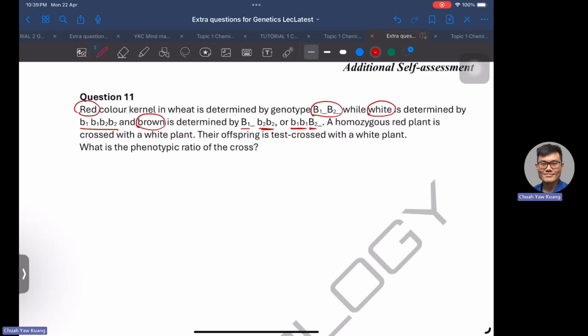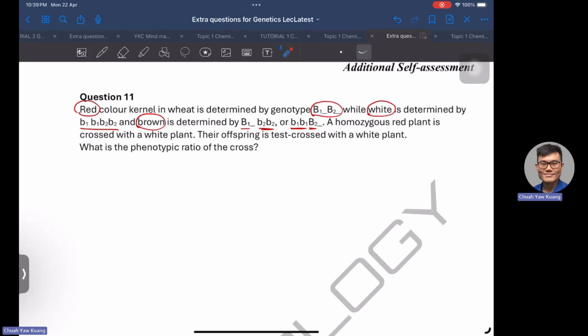Based on the relationship, the genotype and the phenotype shown here, it is very obvious that the B1 gene is affecting the B2 gene. At the same time, the B2 gene is also affecting the B1 gene.